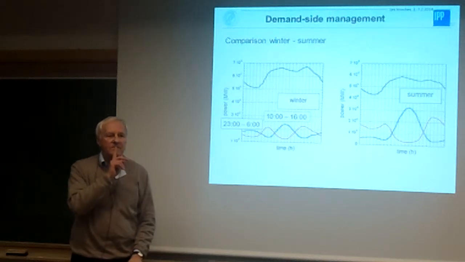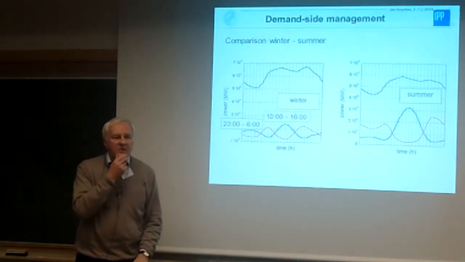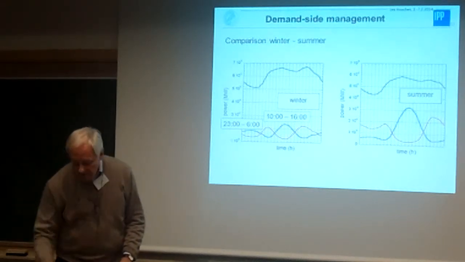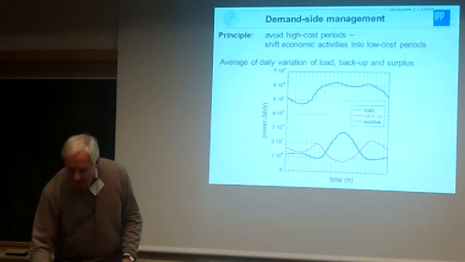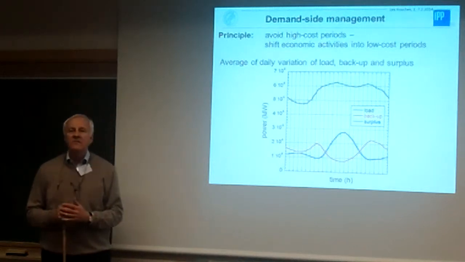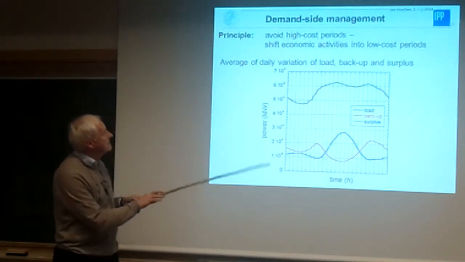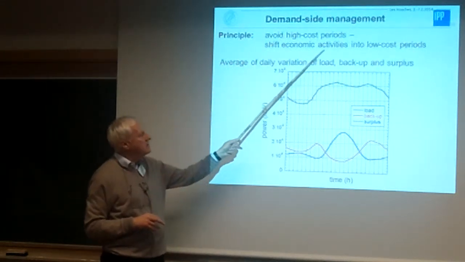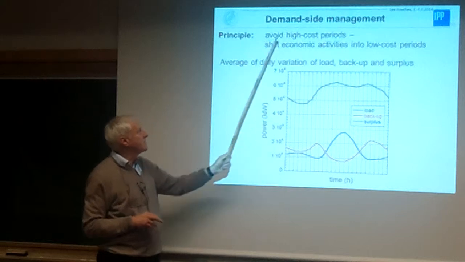Because of the demand side elements, when I look into the demand side issues, is it here? No, it is here. The demand side means I avoid high cost periods and I shift my economic activities into low cost periods.